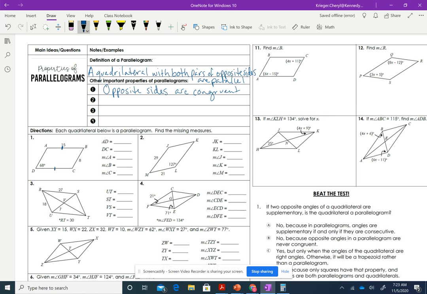Not only that, but opposite angles are congruent. Angles are congruent. So looking at number one, angle A is opposite to angle C, right? And those angles are going to have the same measure. Property number 3, we have consecutive angles are supplementary.